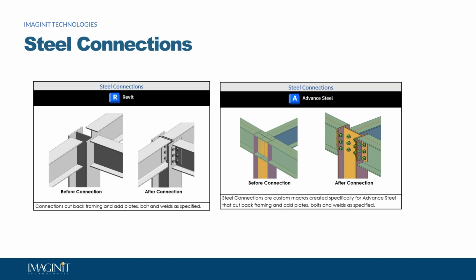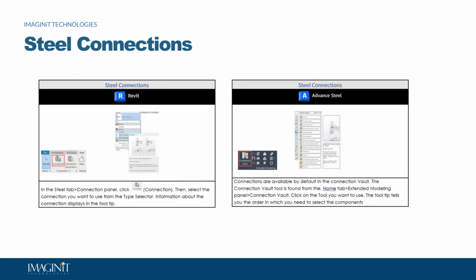But this has a macro, and this means you place them in first and then change them later in properties. Once I put it in, I can change it as I model through a macro dialog box in Advanced Steel.